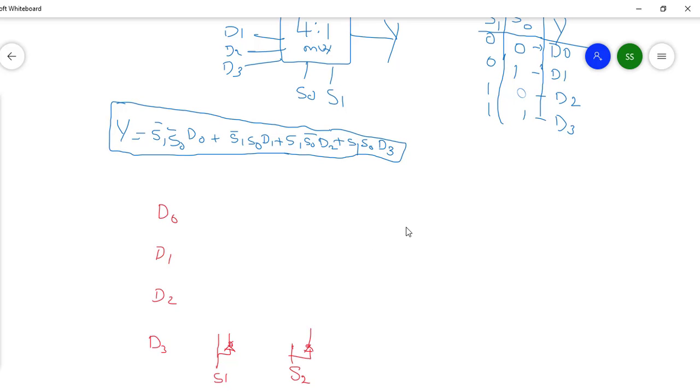The first AND gate contains D0, S1 bar, S0 bar. So take S1 bar, S0 bar and then D0. This is nothing but the first one.